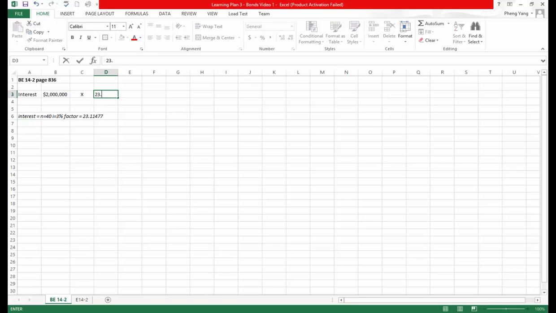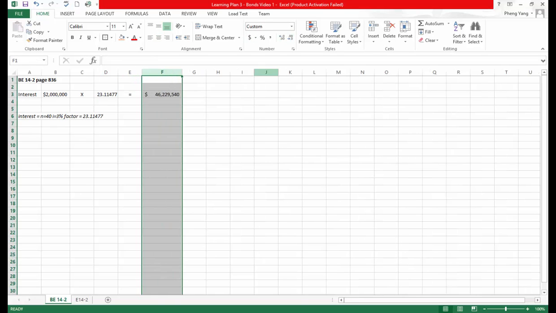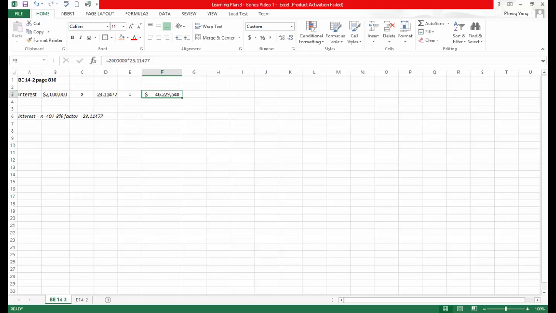So multiply that 2 million by 23.11477, and that equals 46,229,540. That is the present value of all the interest that would be paid.